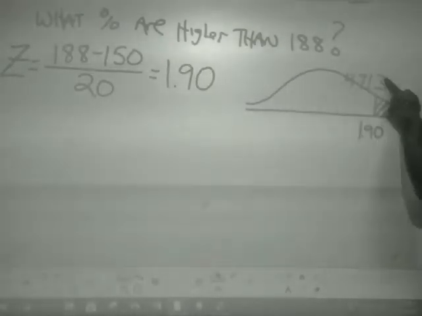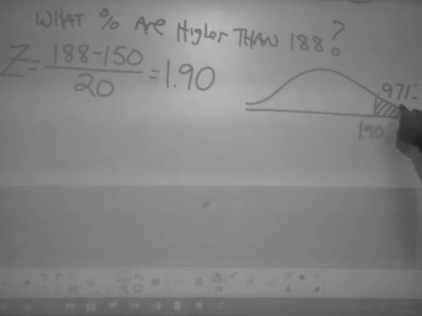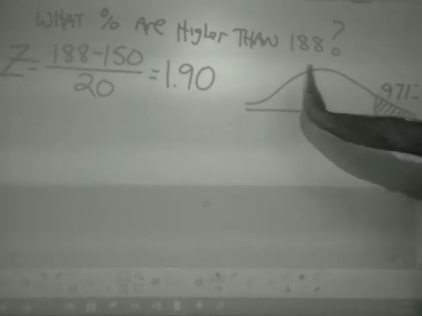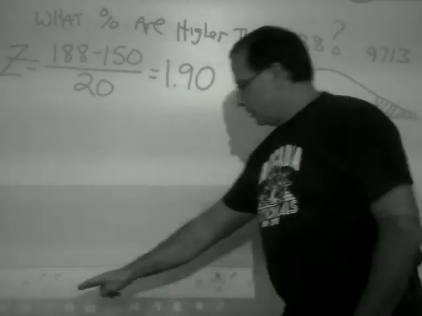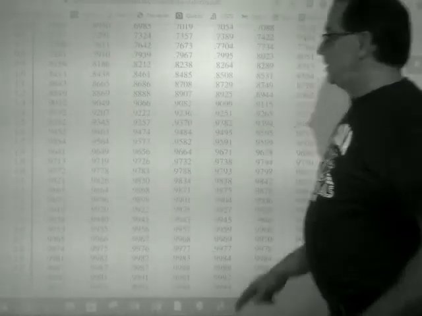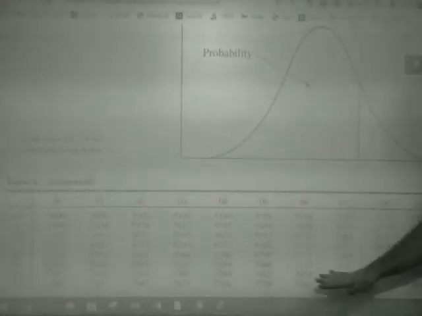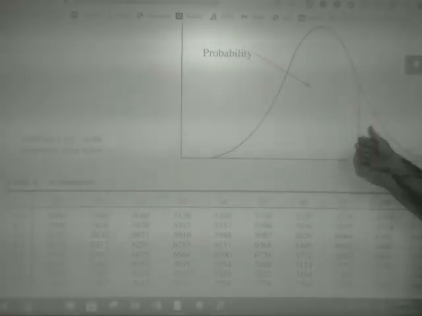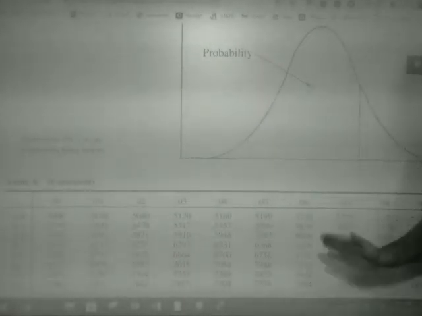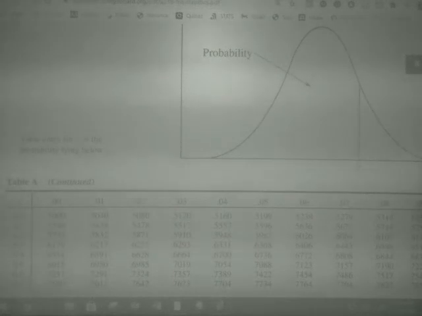Does this look like I have shaded 97% of this whole graph? No. So why does it give me an answer that doesn't seem correct? All Z tables give percentages and probabilities that are to the left of the Z line, always on the lower end. I said I want to know what's on the upper end.